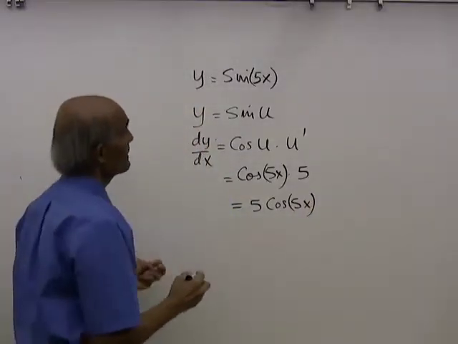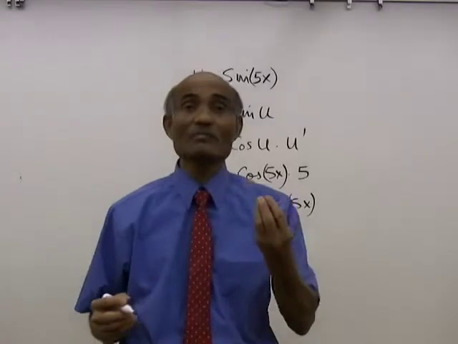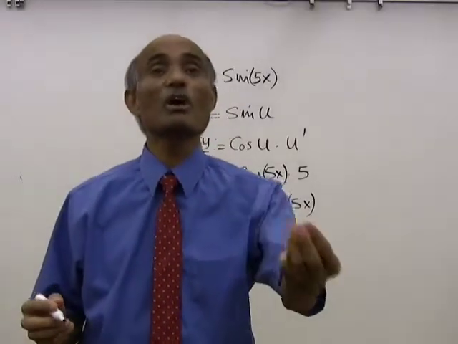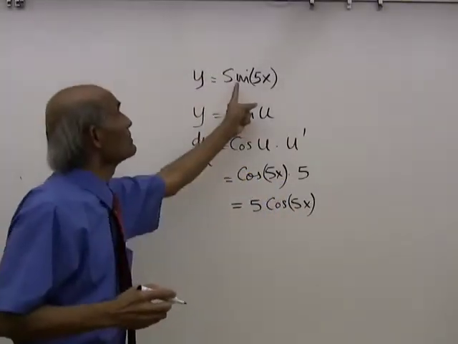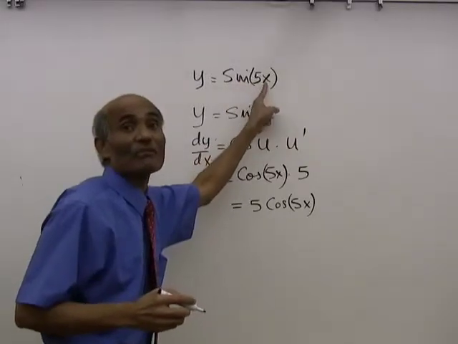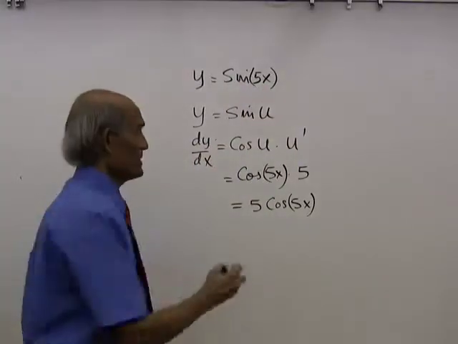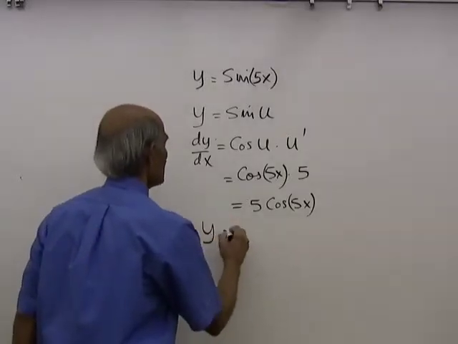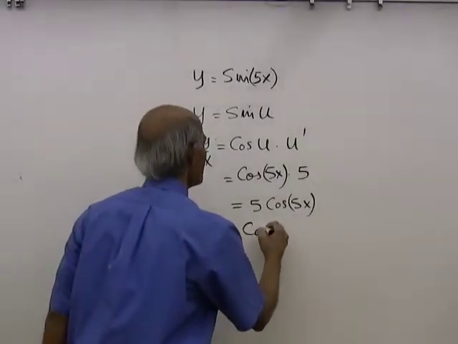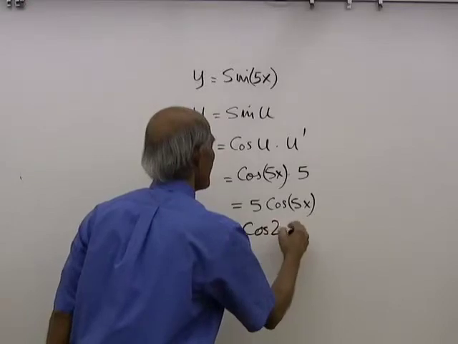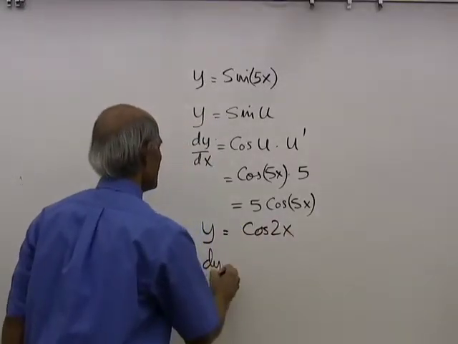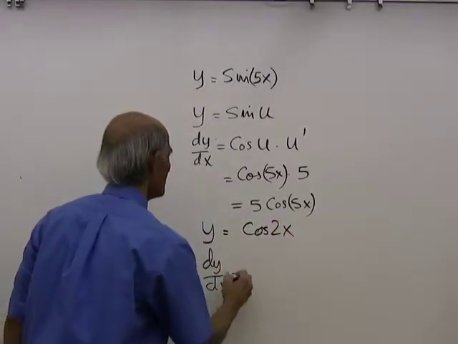One more time. If the derivative of sine x is cos x, the derivative of sine of 5x is 5 cos 5x. Alright, now tell me, if y equal to cos of 2x, what is dy by dx equal to?